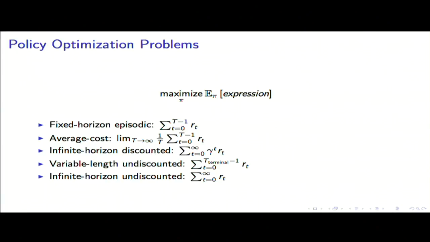So these are just some different ways you could formulate the policy optimization problem. As it'll turn out, they all yield basically equivalent algorithms. Or the algorithms you use in practice end up being mostly the same. And we're going to mostly focus on the fixed horizon episodic formulation.